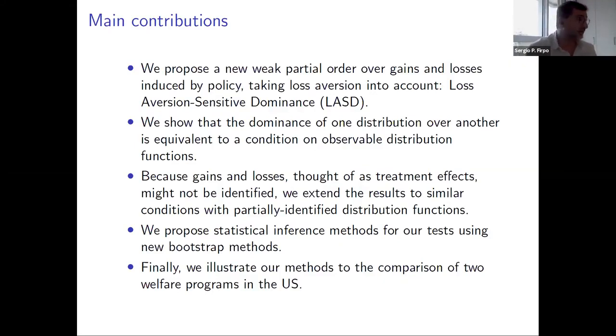Later we apply some new inference methods that are not ours, from the recent literature, which is more technical.